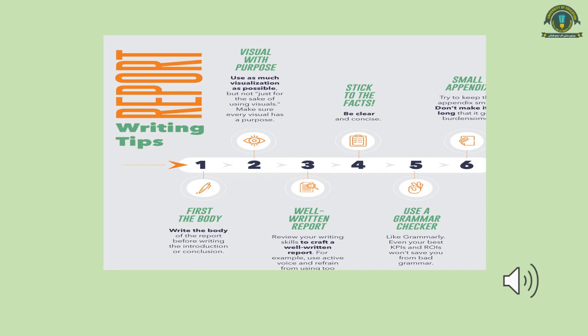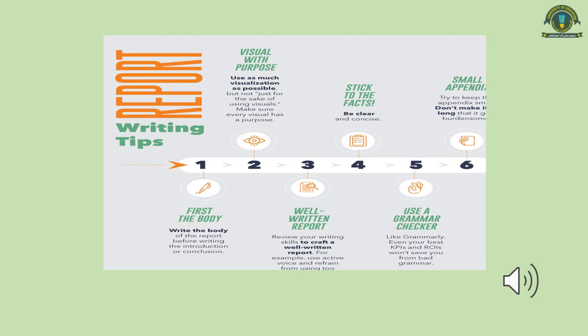The next step is use a grammar checker. While you are writing your report, you must be vigilant enough to check the grammar of your report, so that the process of communication may not be affected because of any weaknesses in your grammar.